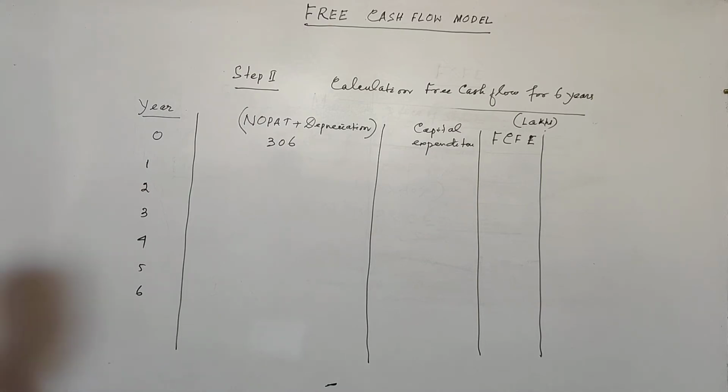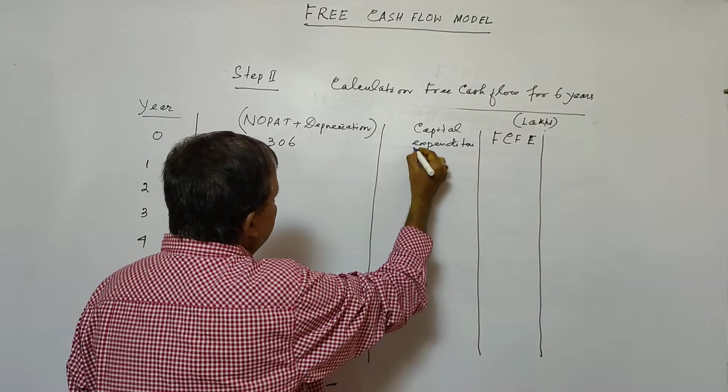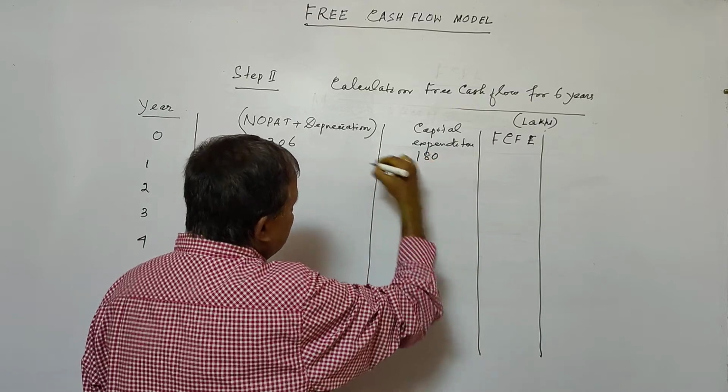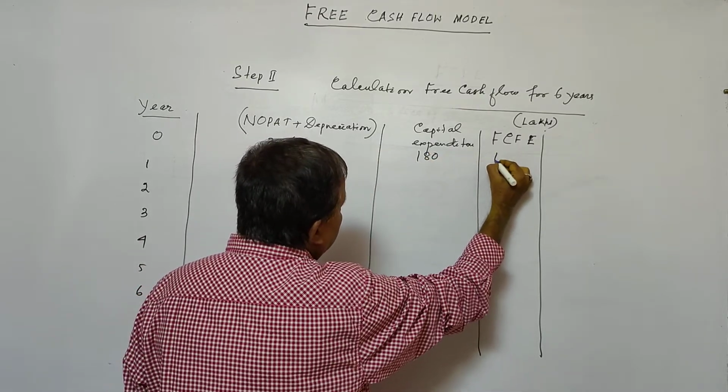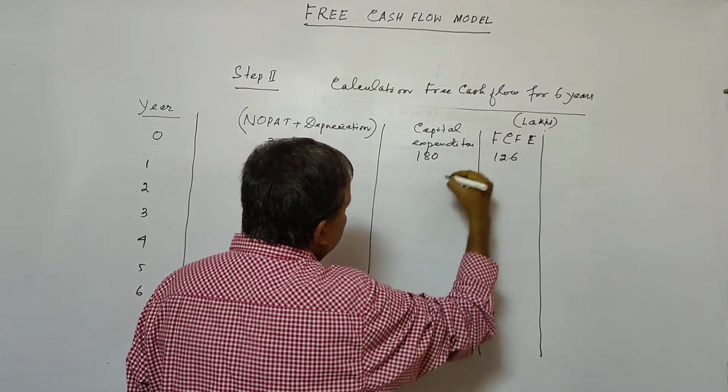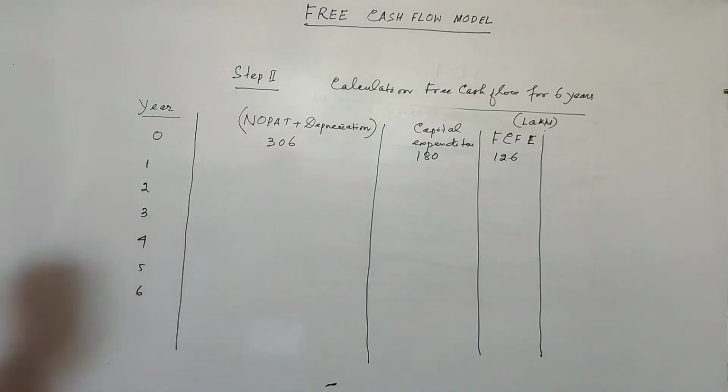And capital expenditure, given in your question, is 180, and it comes to 126. This is in year 0.